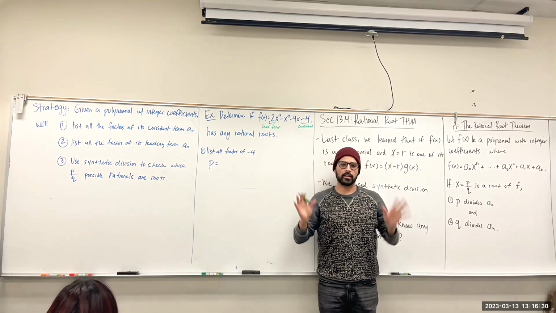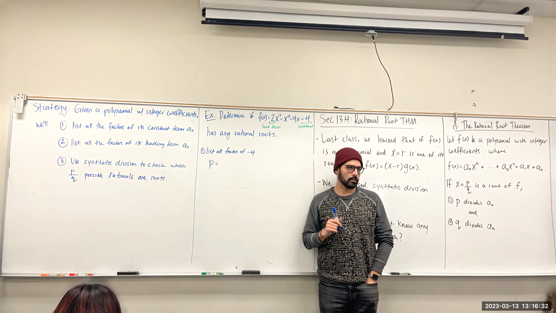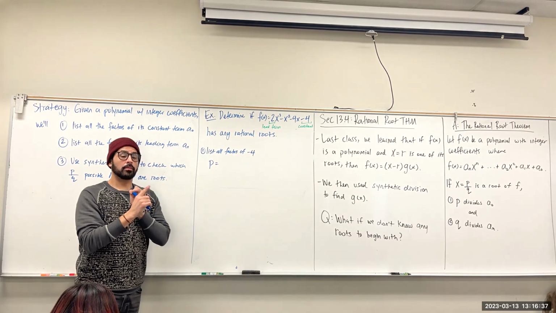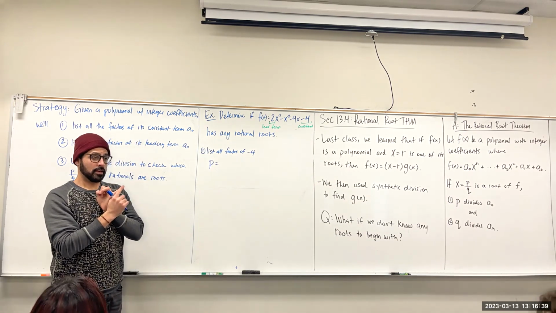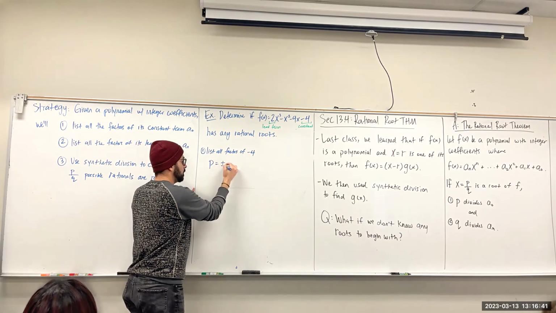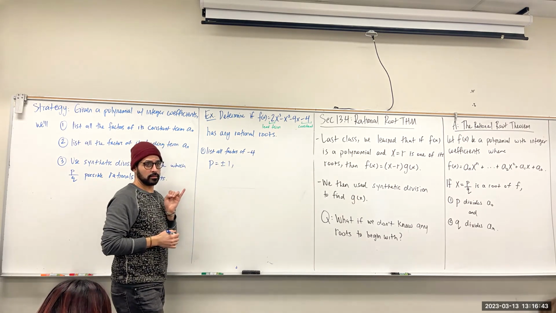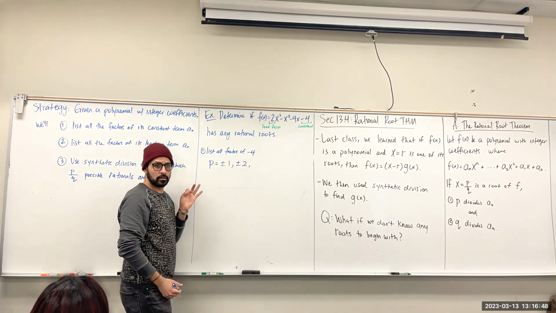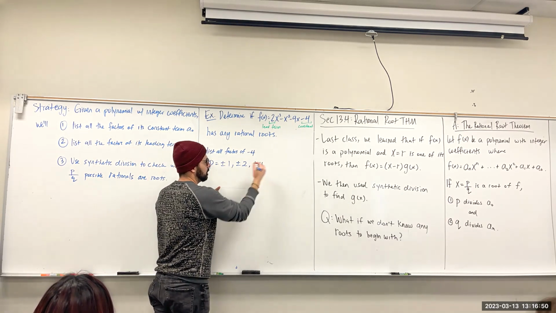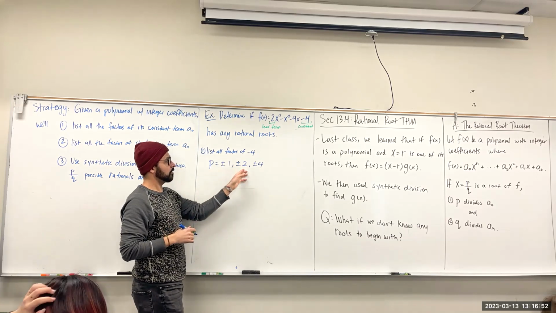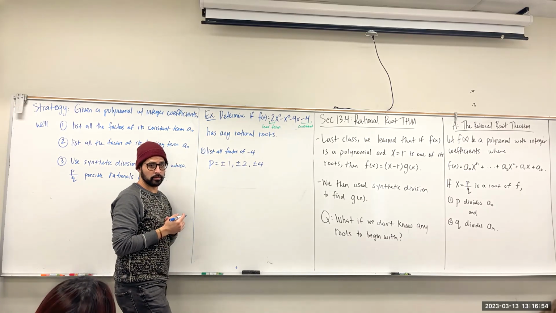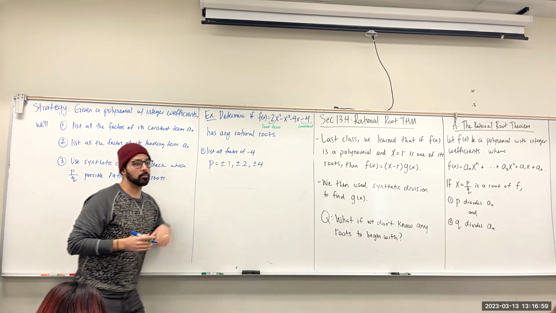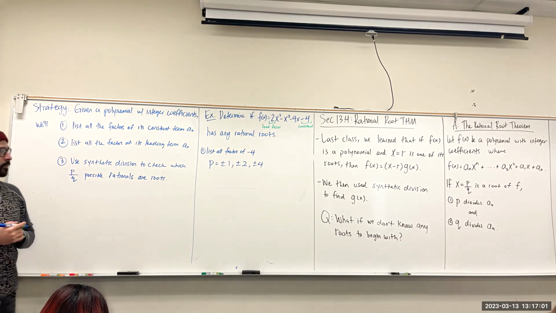What's the most basic one that can divide the -4? 1. What about -1? So plus or minus 1. Plus or minus 2. Plus or minus 4. These are called the factors of this number. They're the ones that multiply to give you that. So these are all the possible P's.